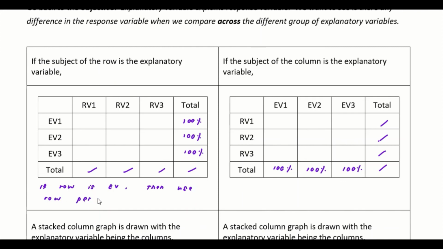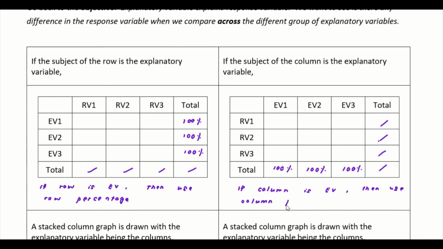I guess this is straightforward enough. If you do not want to think of it every time, just remember row is the EV, so row percentage. If column is the EV, then use column percentage. I guess this is pretty simple.